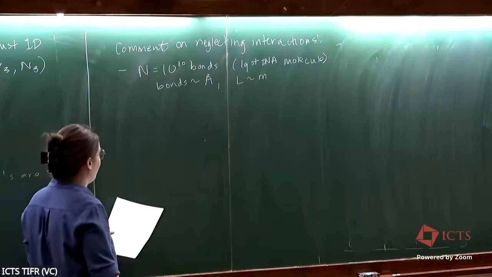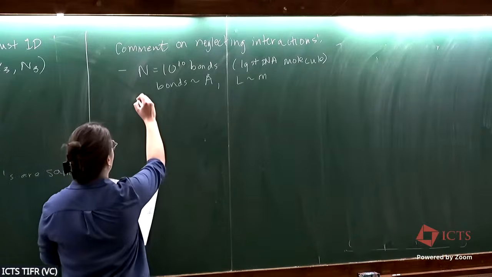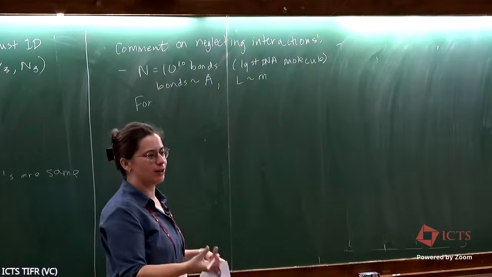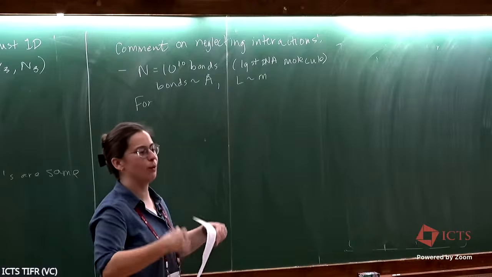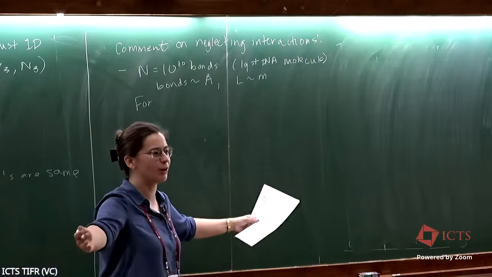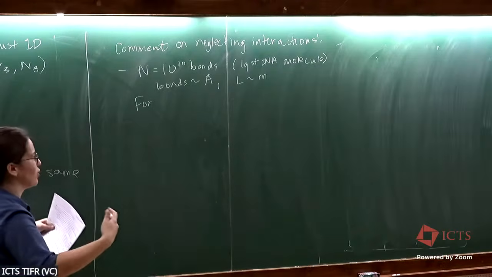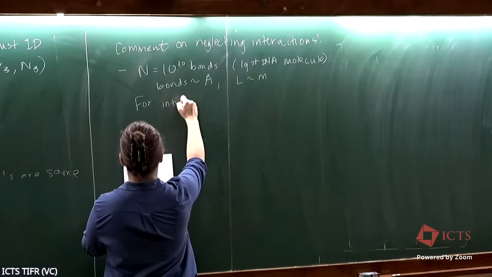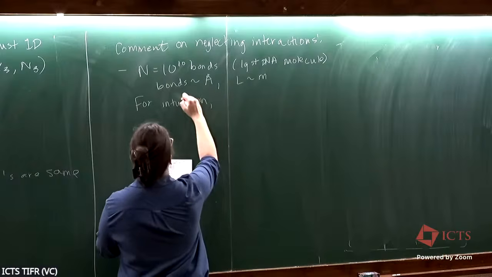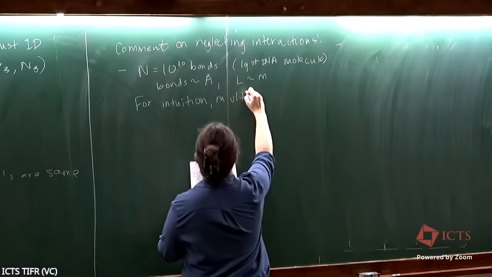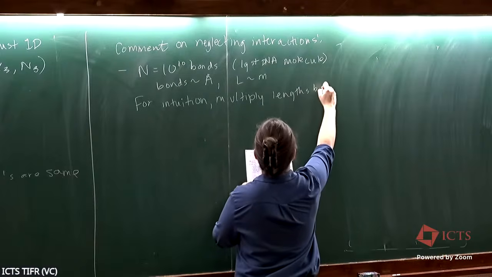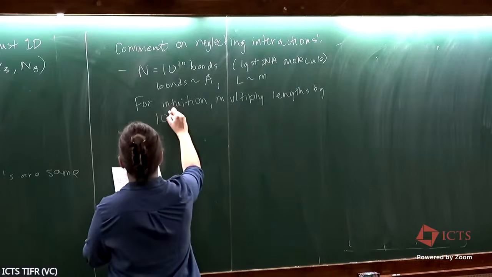To get an intuitive sense, we are going to imagine magnifying all of these so every bond is 1 centimeter, and talking about how the size of this polymer is going to change as we change the interactions. So for intuition, multiply the lengths by 10 to the 8th.